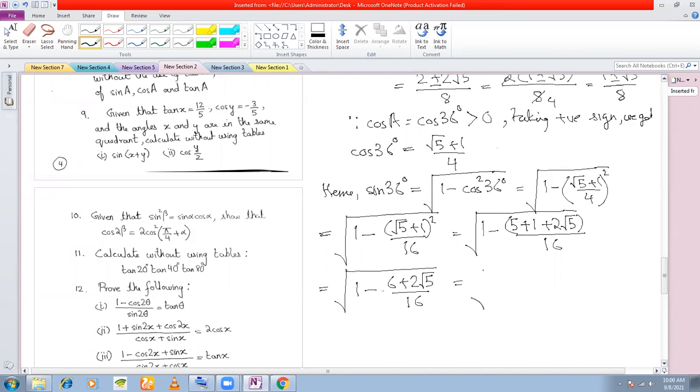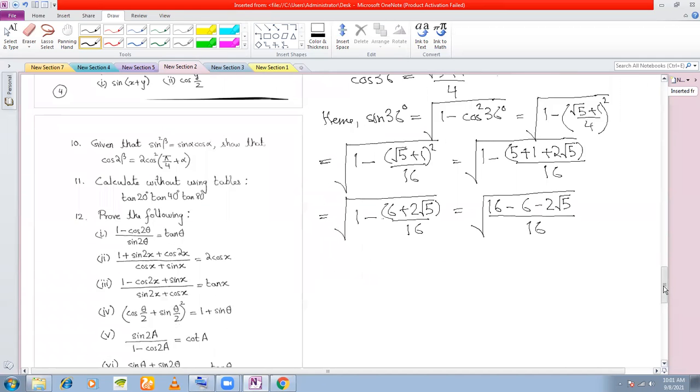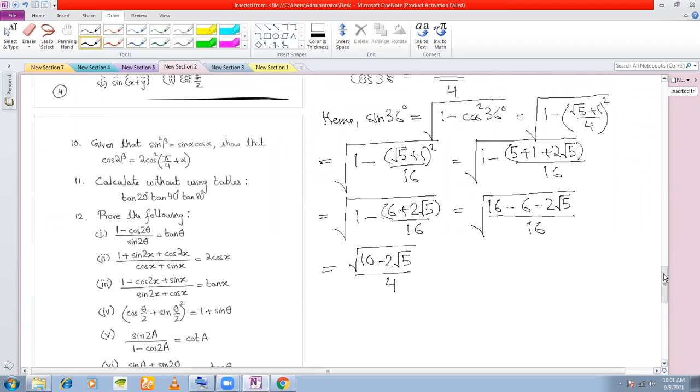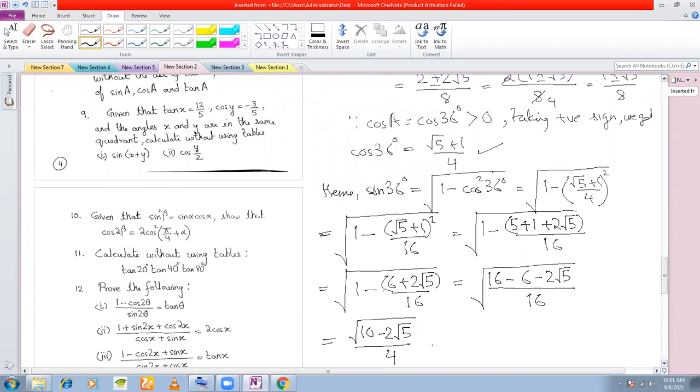Now you can take the LCM within the radical. So you're getting here square root of 10 minus 2 root 5 divided by 4. This is the value of sine 36. Okay. So we got the value of cos 36 and then we found out the value of sine 36.